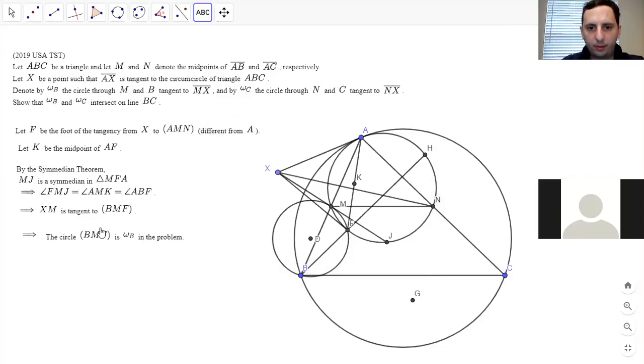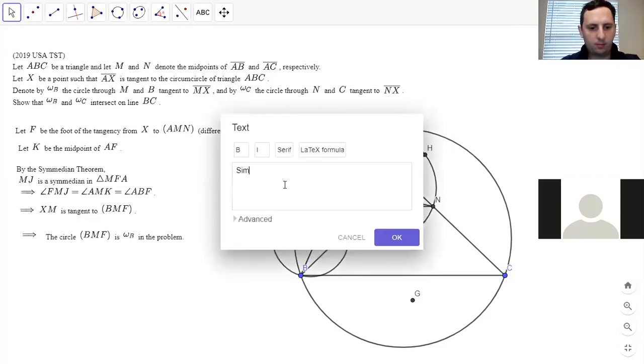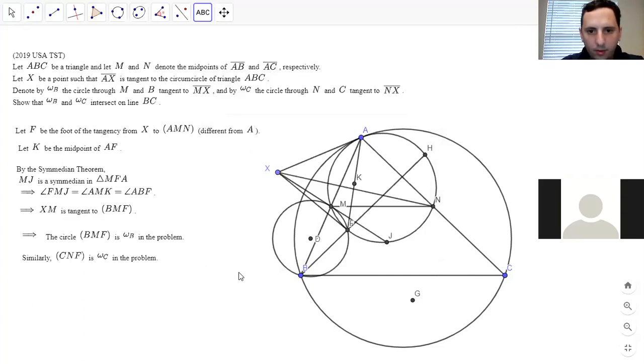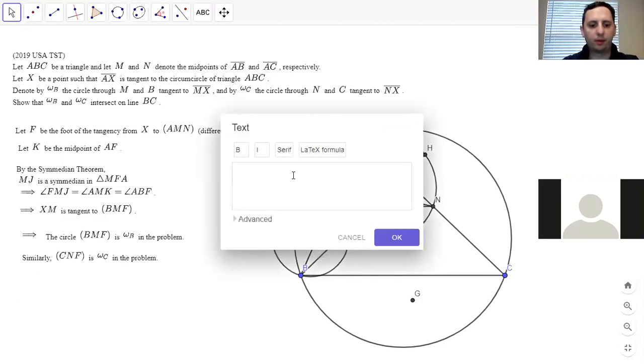And then similarly, CNF is omega C. And so by the converse of Miquel's theorem, BMF and CNF concur on BC.